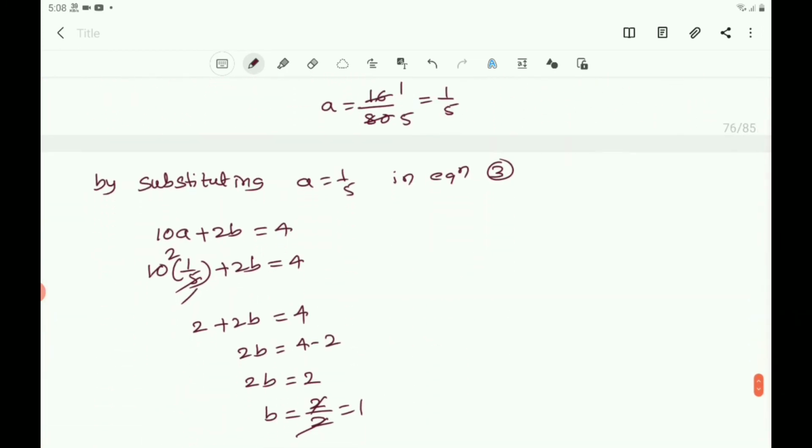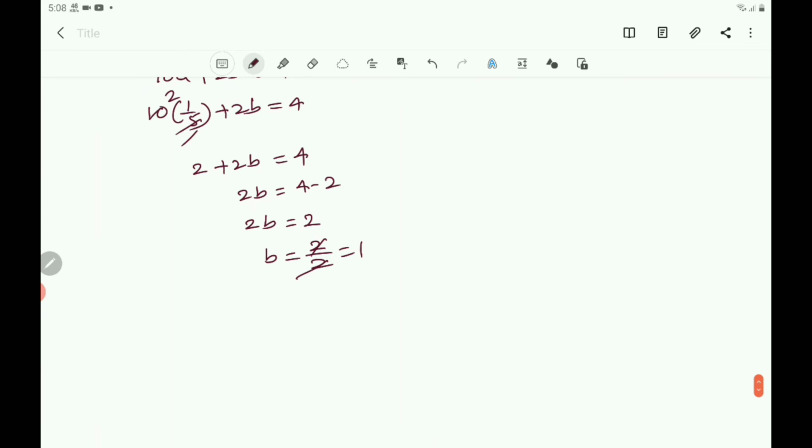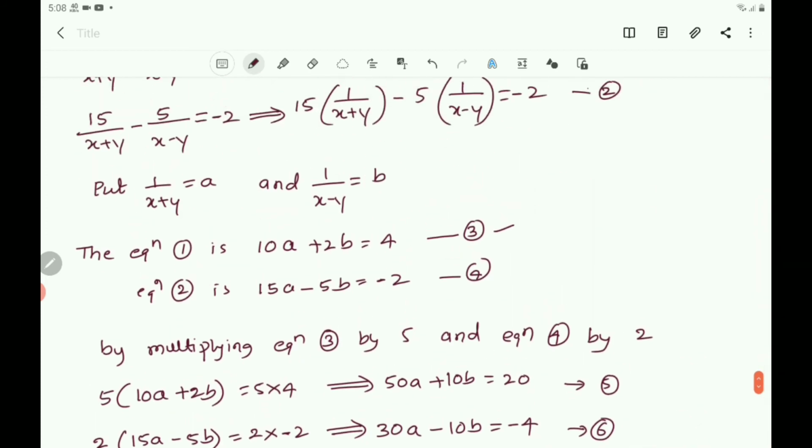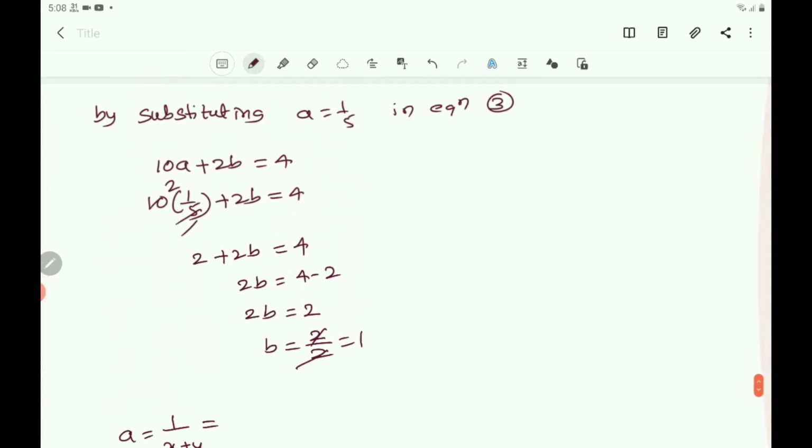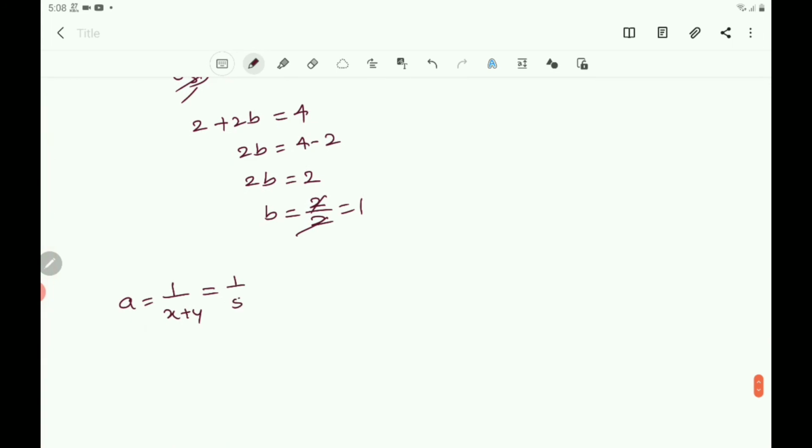So a equals 1 by 5 equals 1 by x plus y.